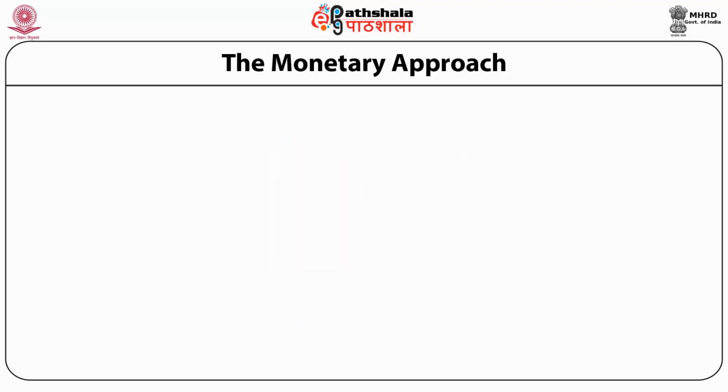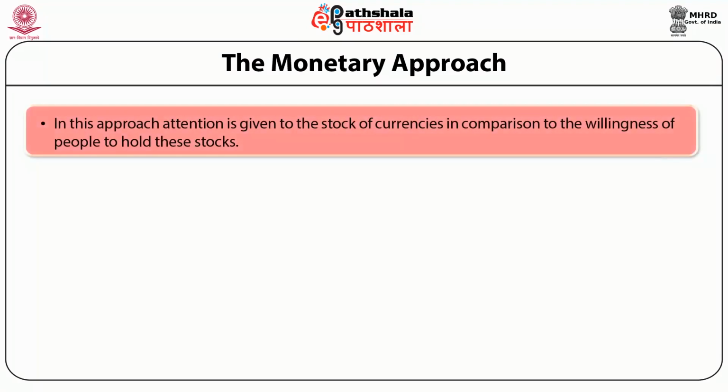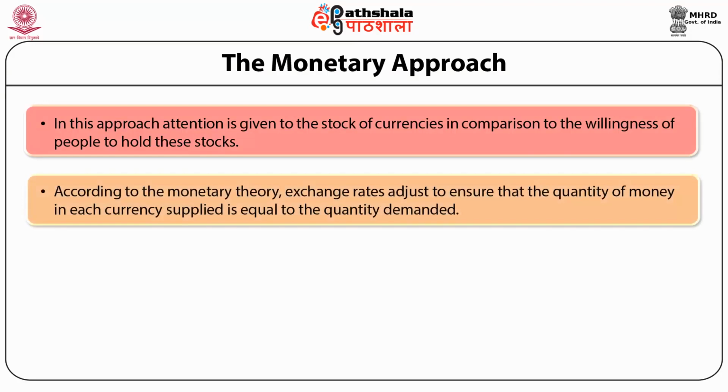The monetary approach. In this approach, attention is given to the stock of currencies in comparison to the willingness of people to hold these stocks. According to the monetary theory, exchange rates adjust to ensure that the quantity of money in each currency supplied is equal to the quantity demanded.